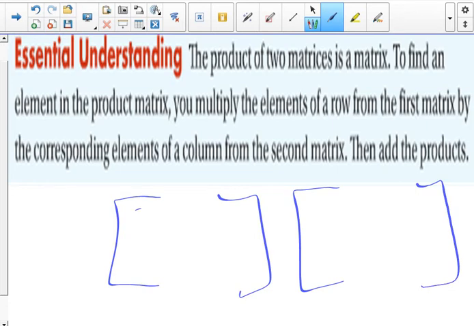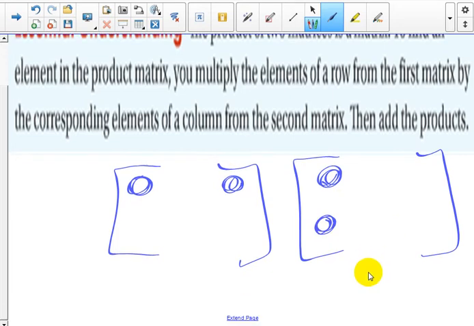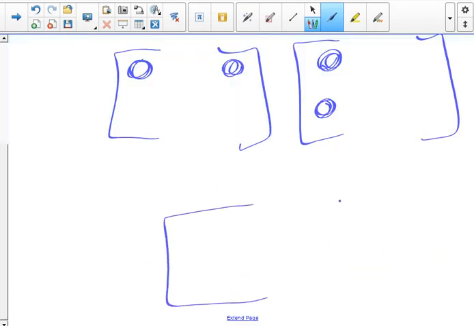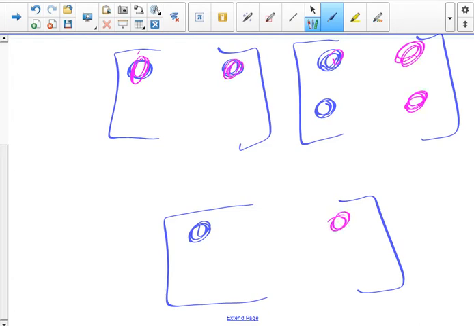What you do is you multiply this one times this one plus this one times that one, and that becomes your first element in your answer. And then to get the next one, again, you're going to take this times this one plus this one times that one, and that becomes this answer.